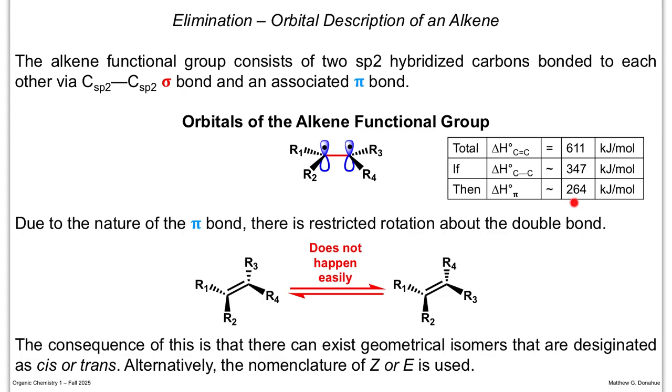It takes some energy to break that 264 so that these things can form the other isomer. So the relationship between these 2 structures are called geometrical isomers. And then that will get into this Z and E nomenclature we use to differentiate them.